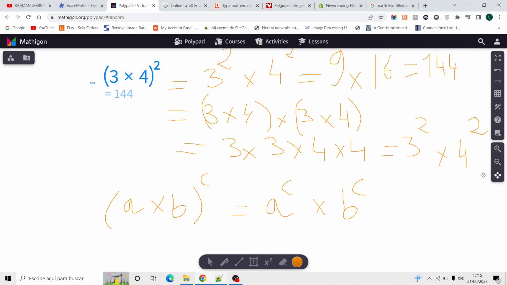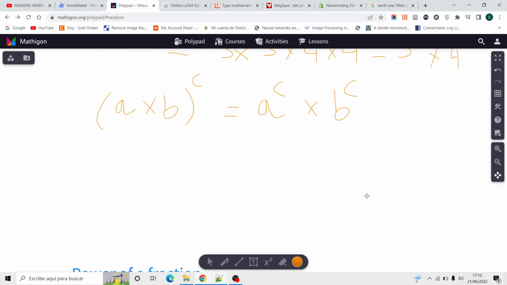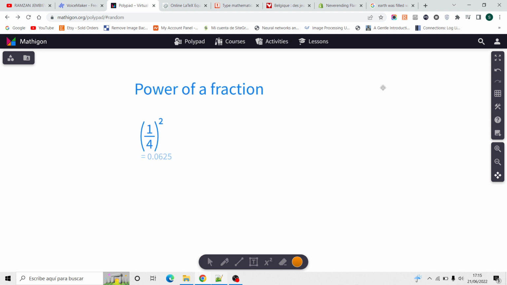Okay, so at last we are going to see another property of powers and see what is the power of a fraction. Okay. So here we have a fraction. The base is 1/4, okay, and the exponent is 2.